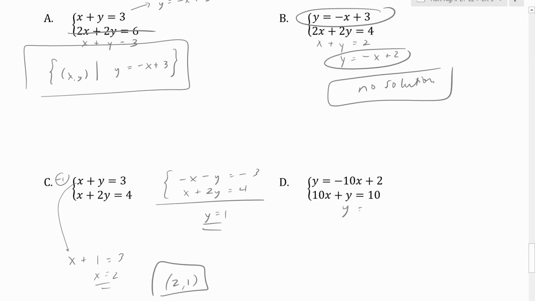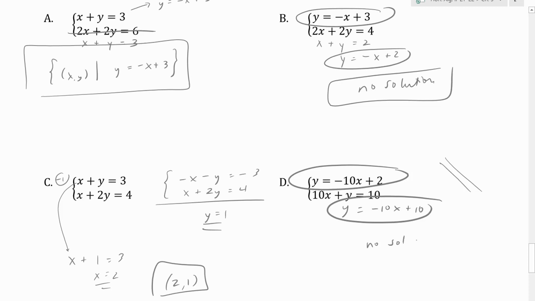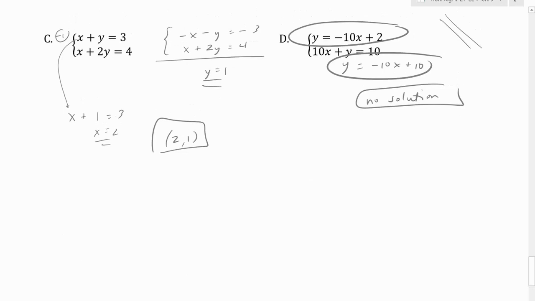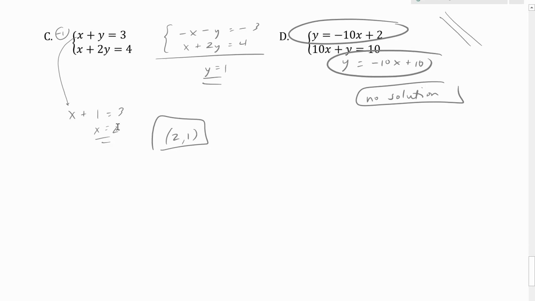This one, if I move this around, now look at those 2 lines. Same slope, different y-intercepts. Those are parallel lines. There is no solution. So now you're given, for the most part, some leeway how to solve your systems. We know lots of different ways. You just pick what you think is going to work the best and you do it.